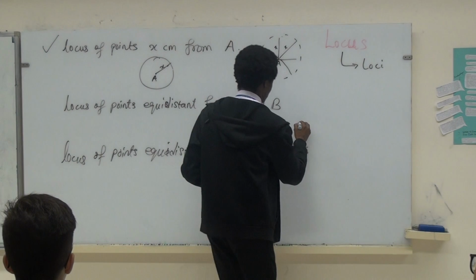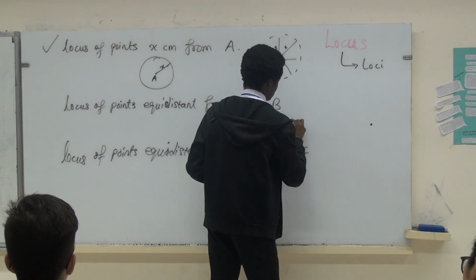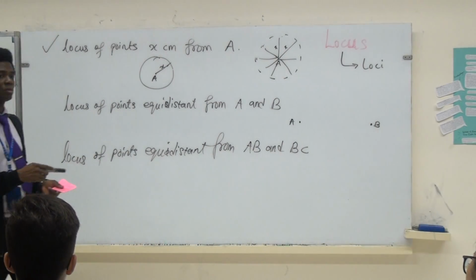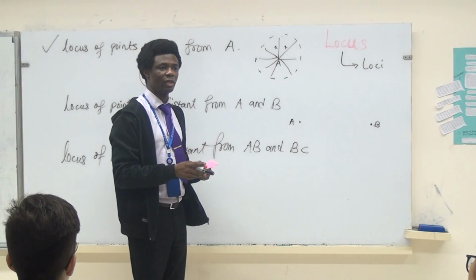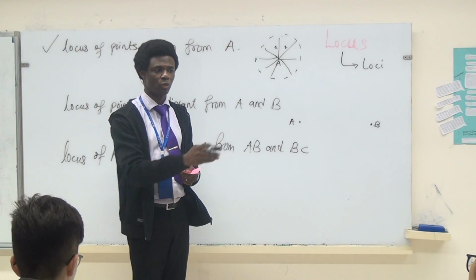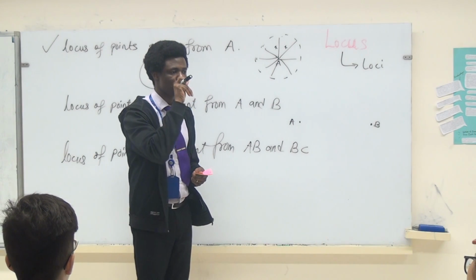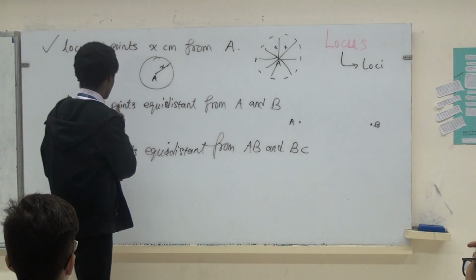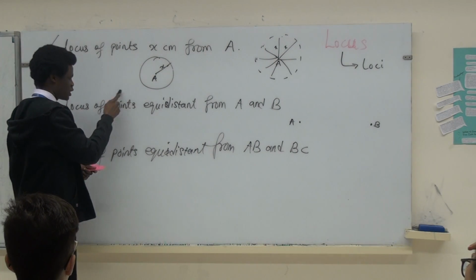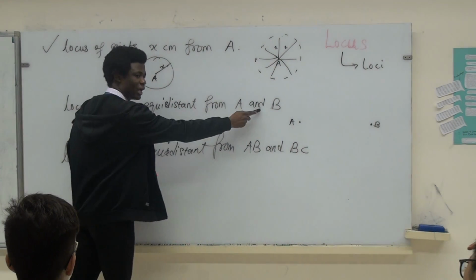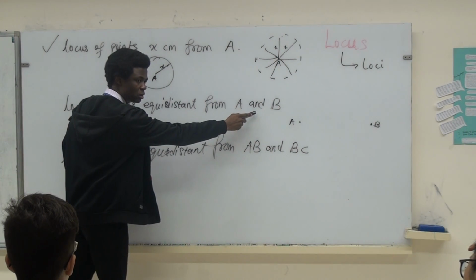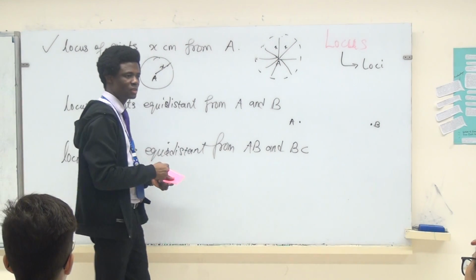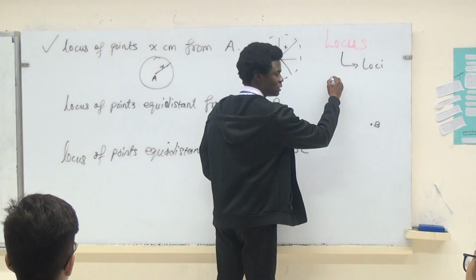So the second locus is equal distance between A and B. So this is point A and this is point B. What do you think that locus is? A straight line? What do you mean a straight line? No, it says the locus of points. These points are of the same distance from A and B. We're not talking about line AB now. A line down the middle, in the center.